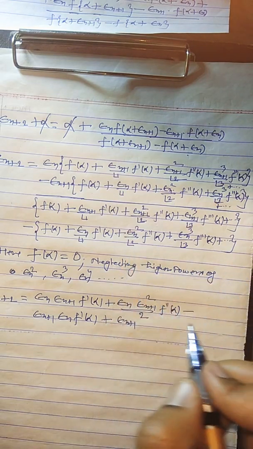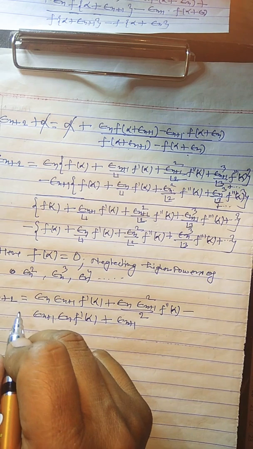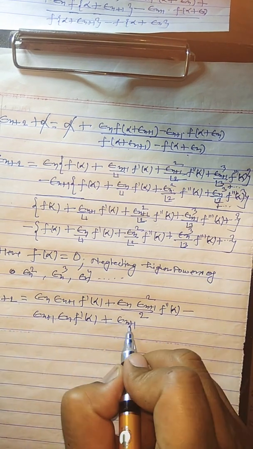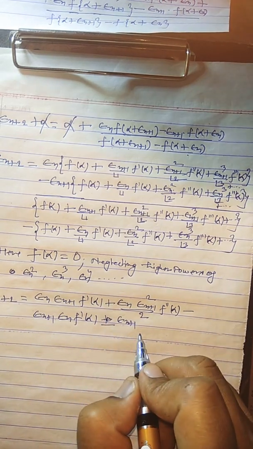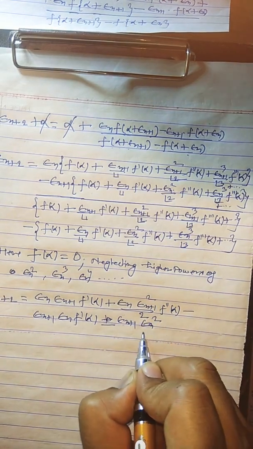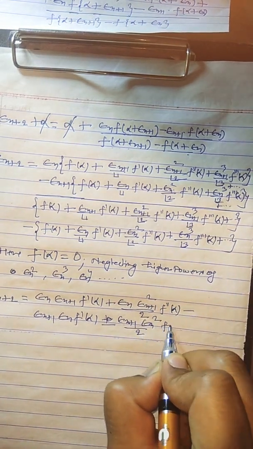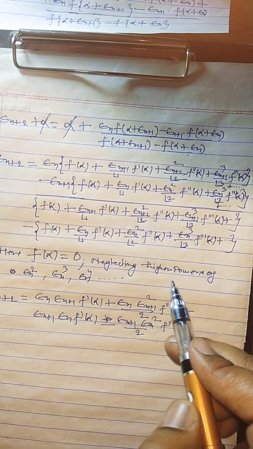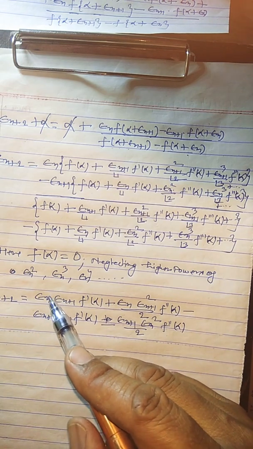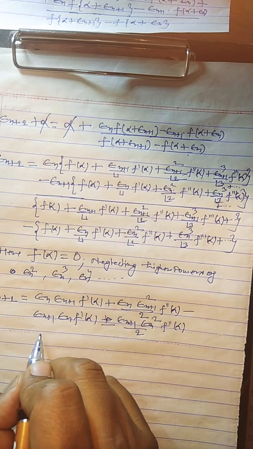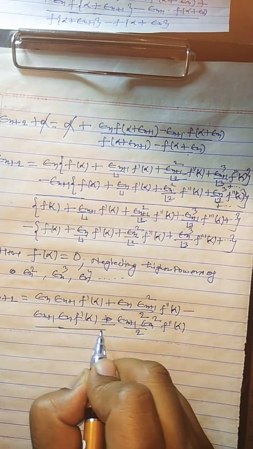Okay, here we can write this term in a bracket, or we can write here the negative term, minus epsilon n plus 1 into epsilon n square upon 2 f double dash alpha, and the other terms will be 0 because they are the higher power of epsilon n, and we can neglect this. This is the numerator term.